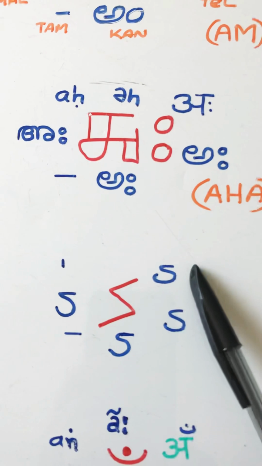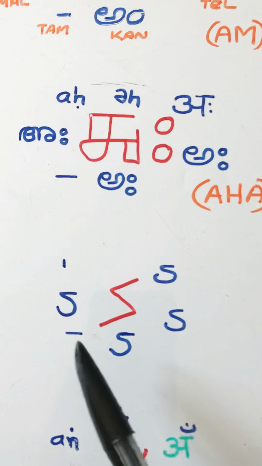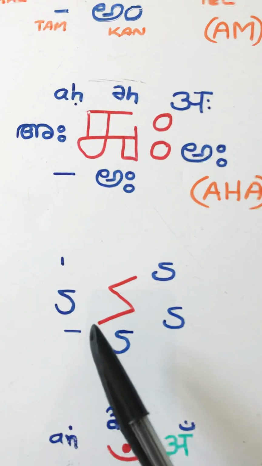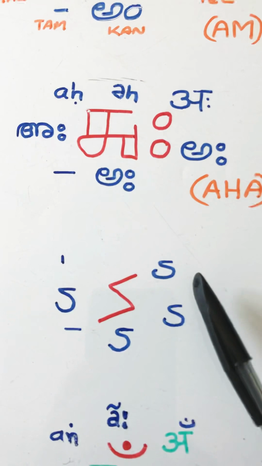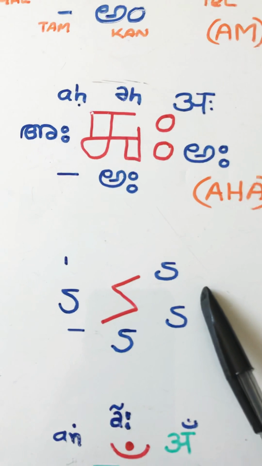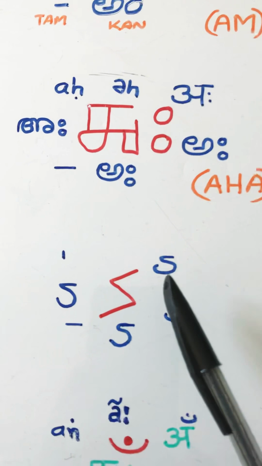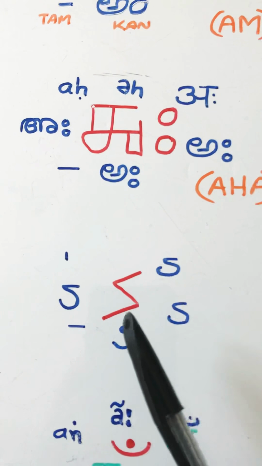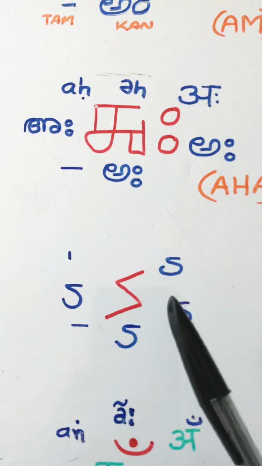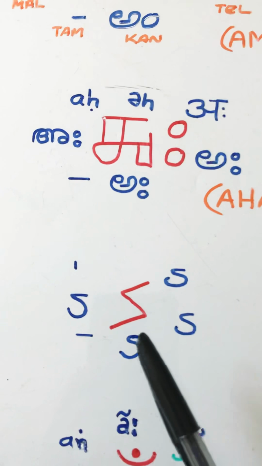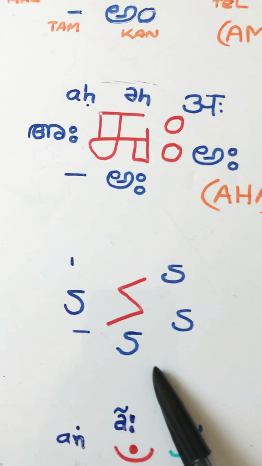That symbol is the same in Devanagari, in Kannada, Telugu, but in Grantha it is written like this. It just elongates a certain sound into 2 units of time. So if you say a sound, you can elongate it for an extra unit of time. That is what this avagraha does.